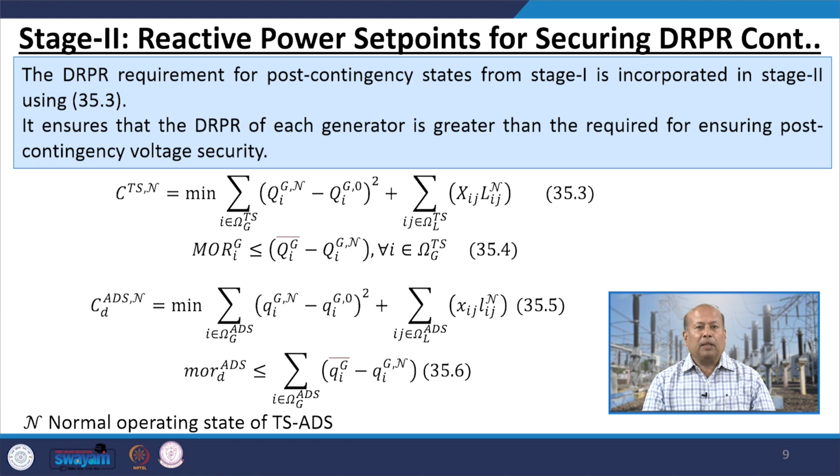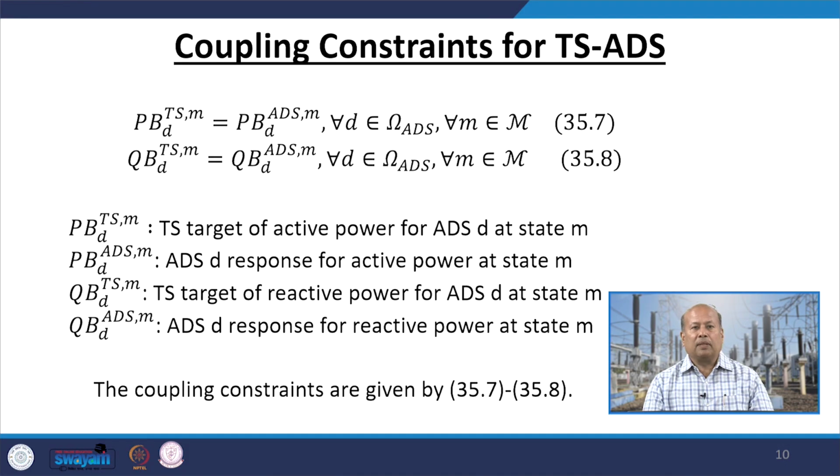Now, the DRPR requirement for the post contingency stage from stage 1 is incorporated in stage 2 using equation number 35.3. It ensures that the DRPR of each generator is greater than the required for ensuring post contingency voltage security. So, once 35.3 is achieved, we get into the coupling constraints in equations 35.7 and 35.8.